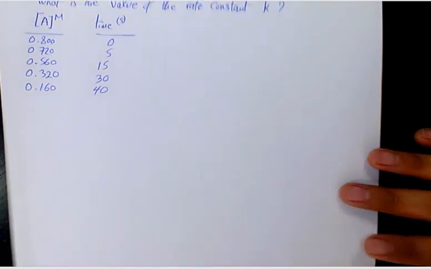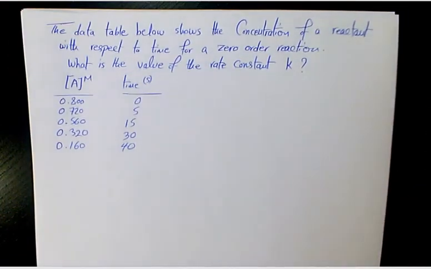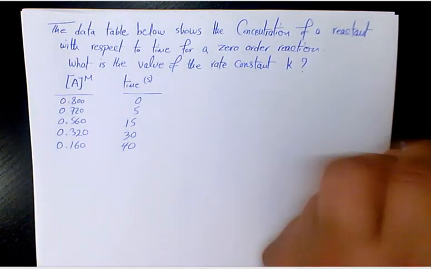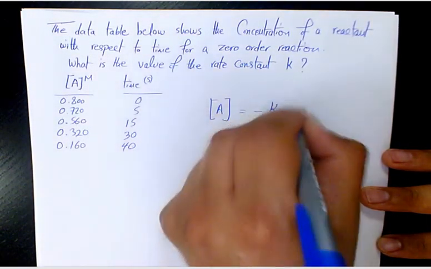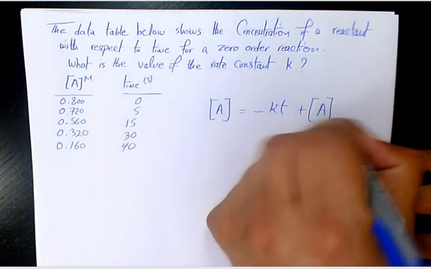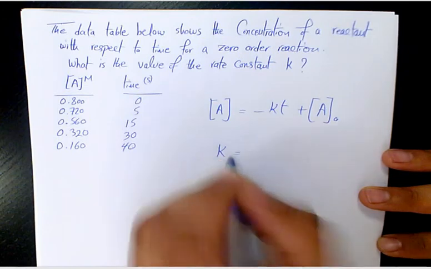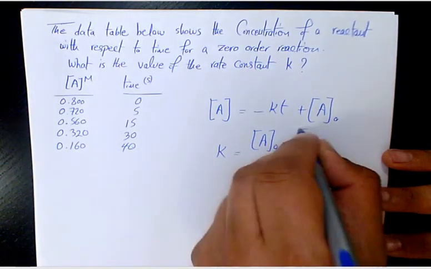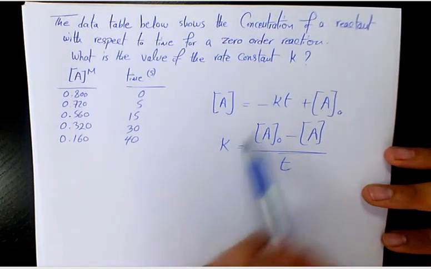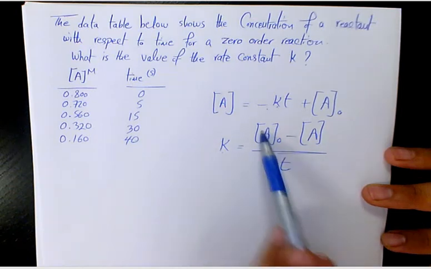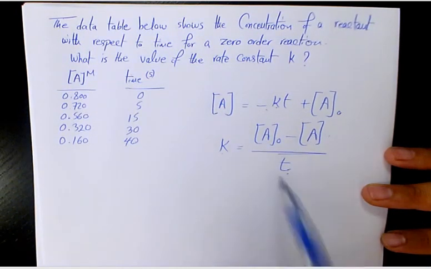Let's see the next example. The data table below shows the concentration of a reactant with respect to time for a zero order reaction. What is the value of the rate constant? So it's already said zero order reaction, and using the integrated form, we know K is going to be A naught minus A divided by T. Because the slope is negative K, so K is going to be initial concentration minus final concentration divided by time.